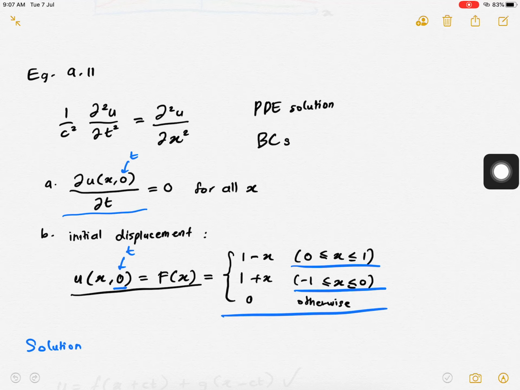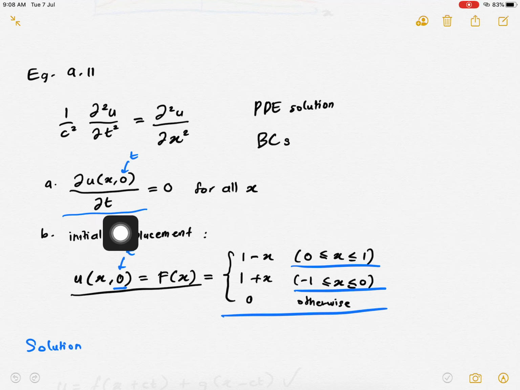Again, when we want to solve a PDE, we need boundary conditions in order to solve the wave equation, the PDE itself. In this example we have 2 boundary conditions.